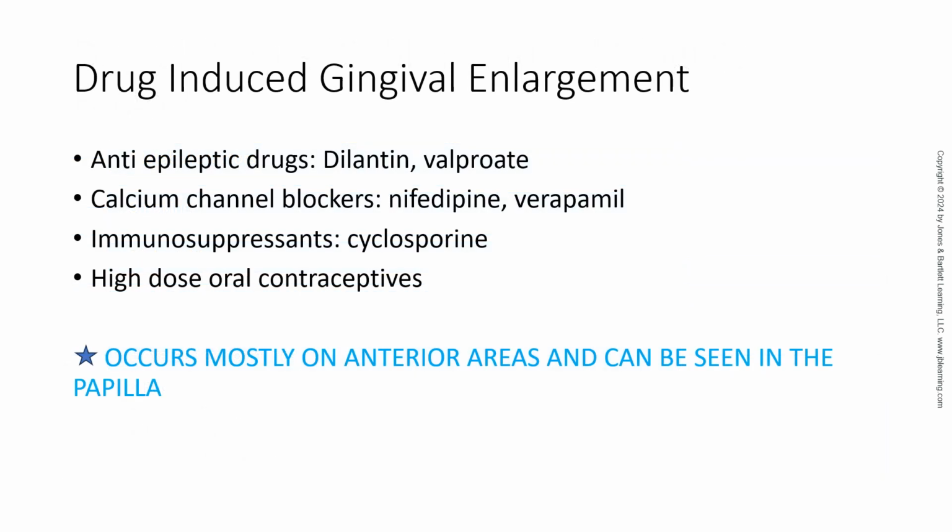Drugs can cause gingival enlargement, which is most commonly seen early in the anterior areas on the papilla. Medications that cause this include nifedipine, calcium channel blockers, anti-epileptic drugs like Dilantin, immunosuppressants like cyclosporine, and high doses of oral contraceptives.